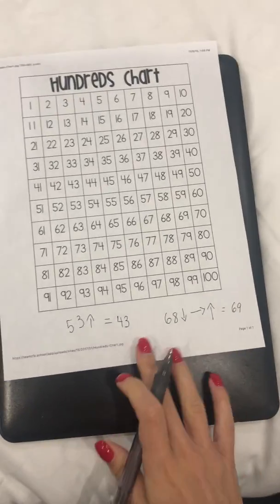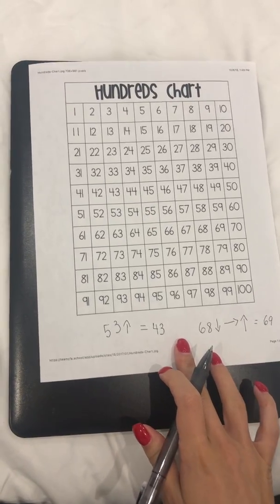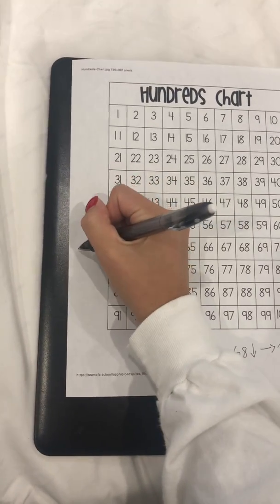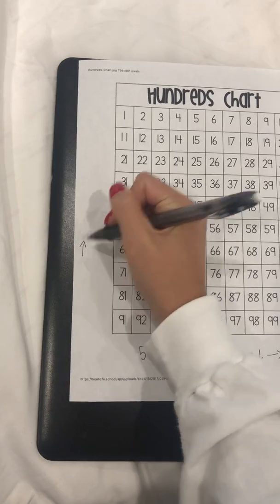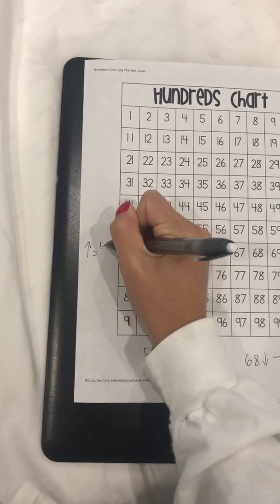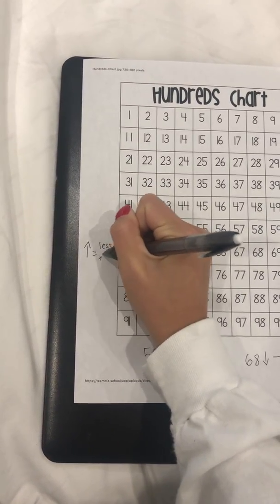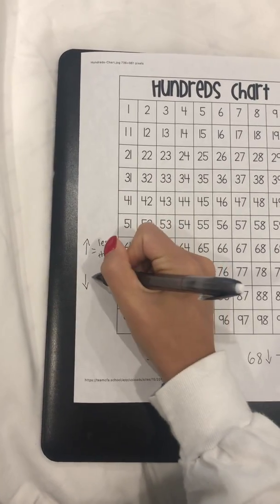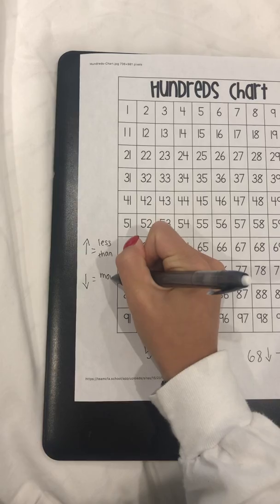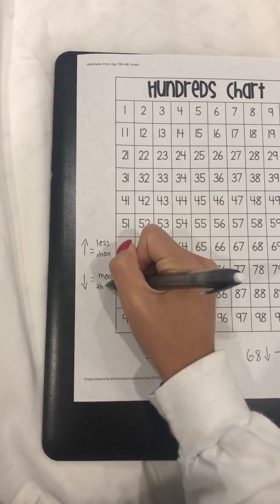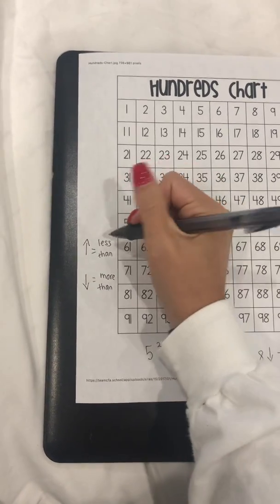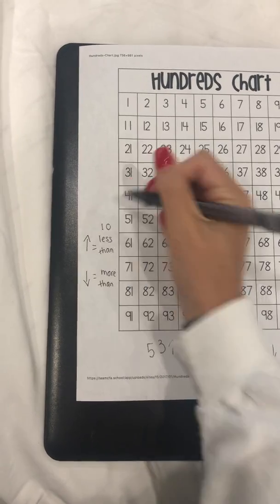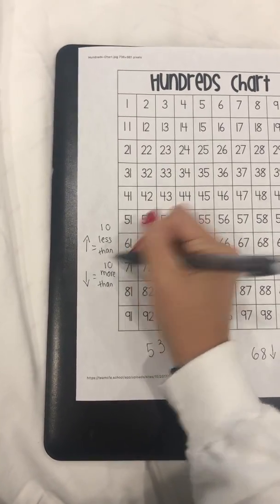So therefore, we can try and identify a pattern here. What we can understand is that if we have an arrow going upwards, that means 10 less than. If we have an arrow going downwards, we know that means 10 more than.